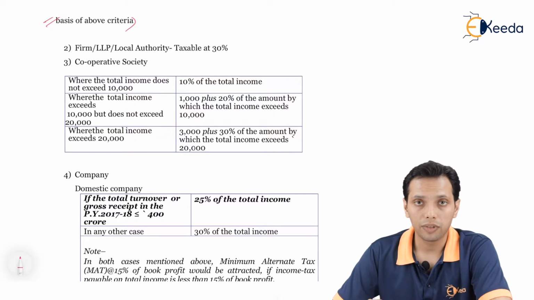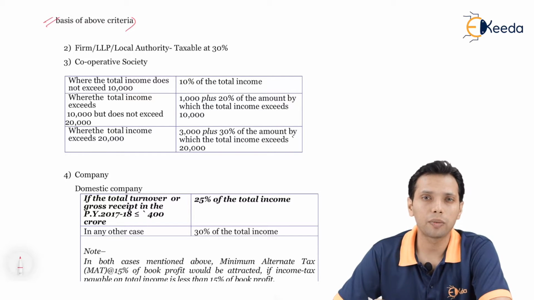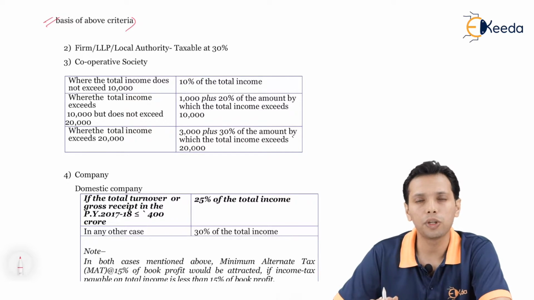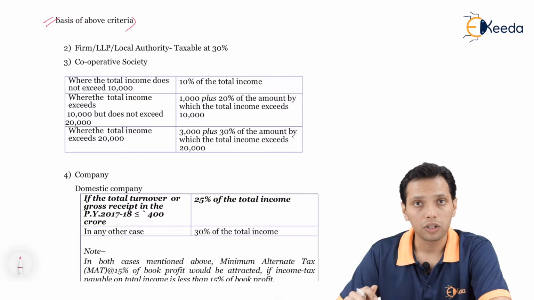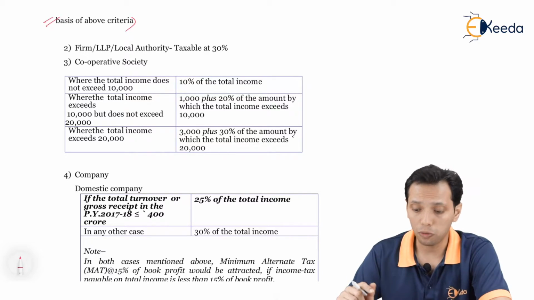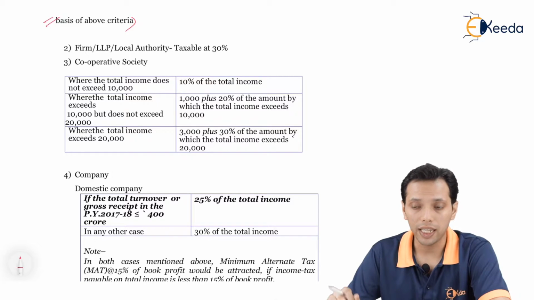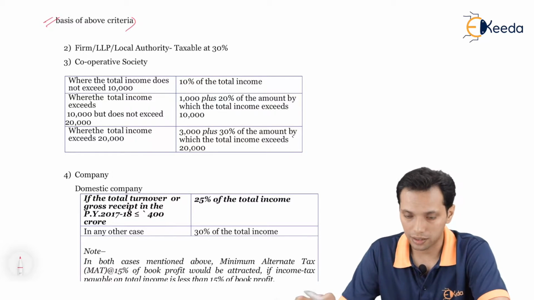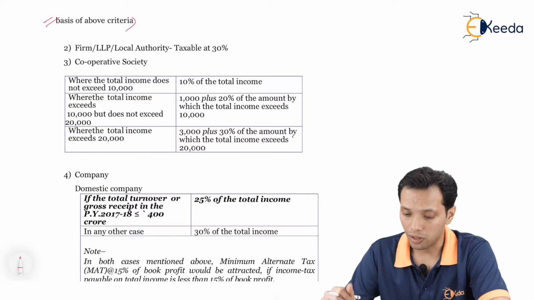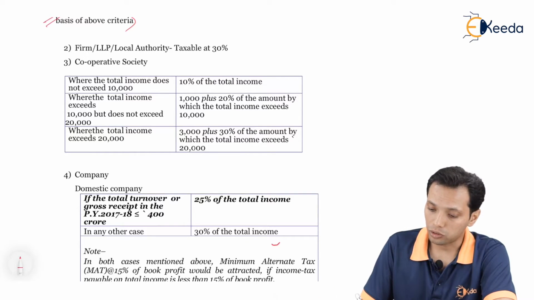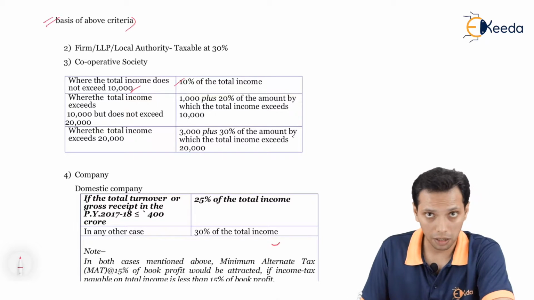Now, we have discussed the rates of tax applicable to individuals, AOP, BOI, and artificial judicial persons. Now the rate of tax applicable to a firm, LLP and local authority is 30%, a standard rate. Then for a cooperative society there is a slab rate in which income which does not exceed 10,000 is taxed at 10%.